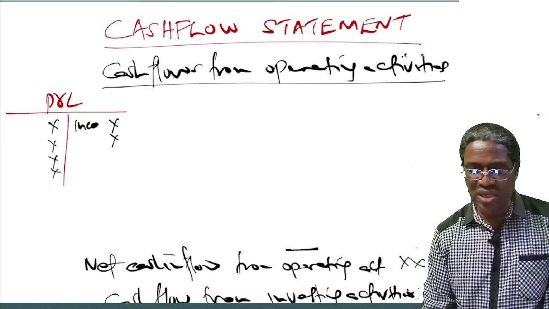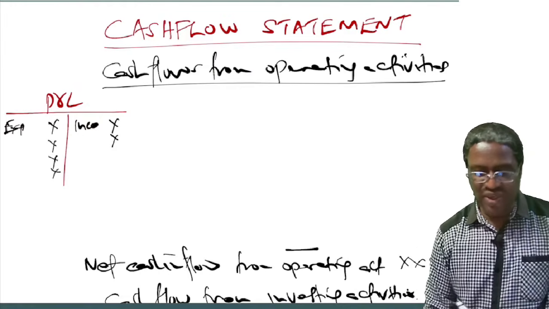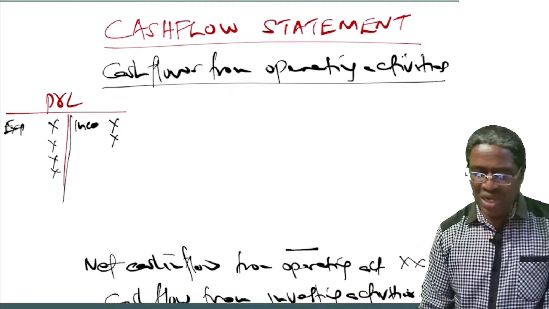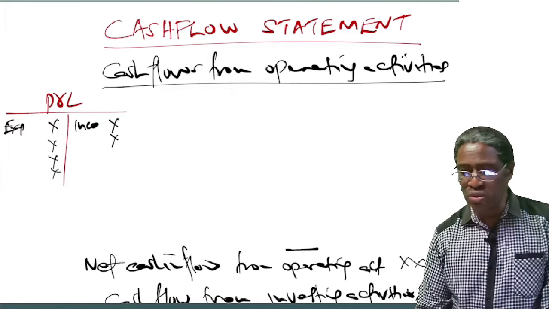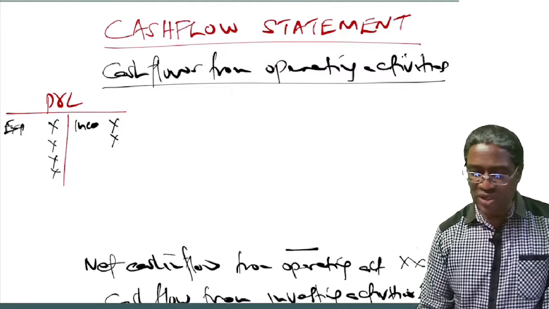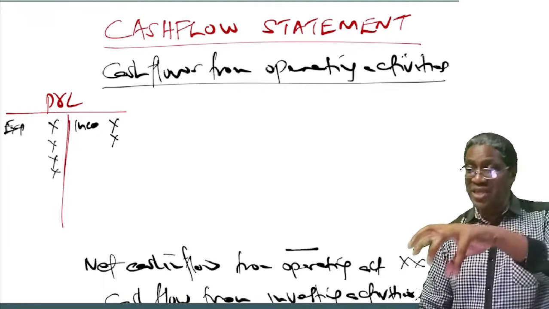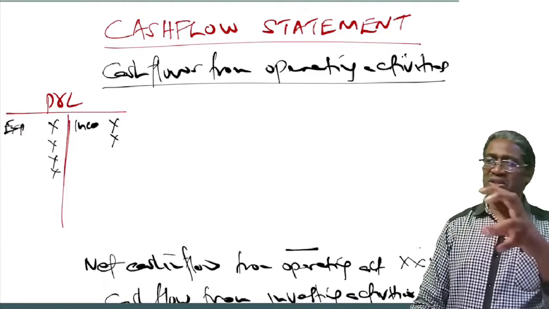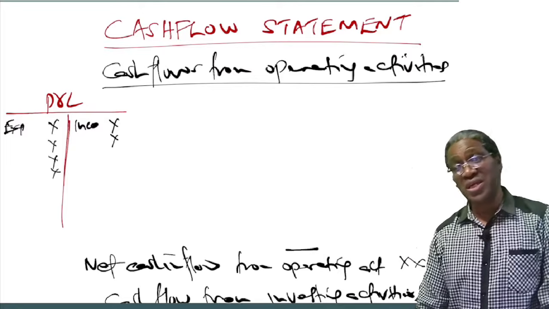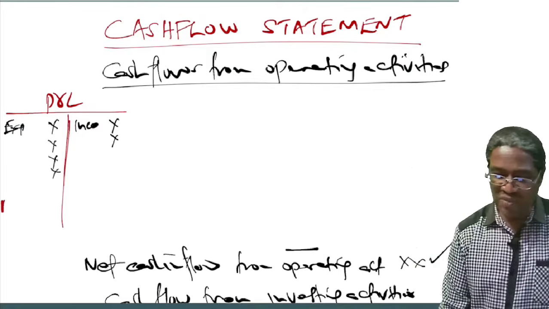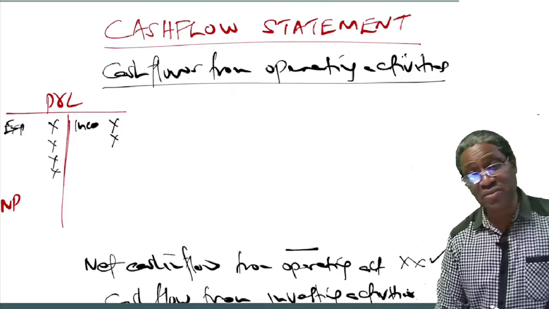This is incomes and revenues. These are expenses, whatever it is. Then we normally get the net of the two to represent the net profit. When you compare the incomes against the expenses, what you get is the net profit. So whatever is the balance here, we call it net profit.